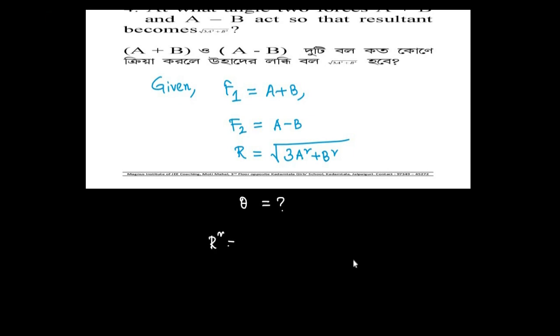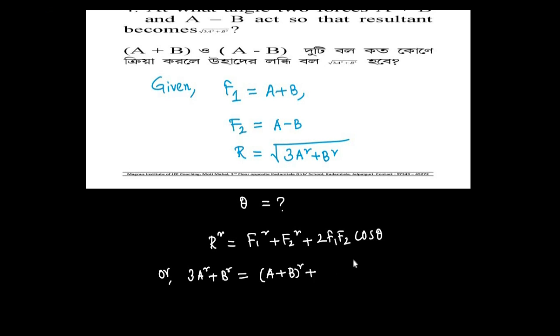Now we know that the square of the resultant force, that is R square, is equal to F1 square plus F2 square plus 2 F1 F2 cos theta. In place of R square we can write 3A square plus B square, which will be equal to A plus B whole square plus A minus B whole square plus 2 into A plus B into A minus B cos theta.